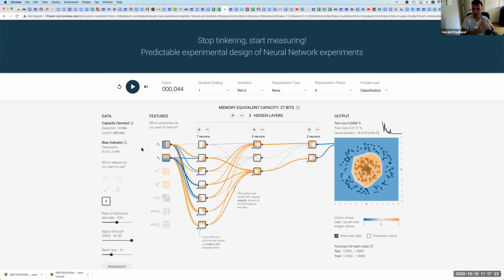Okay, so if you want to play around with this and get an idea for the measurements and how they are rooted in this, please do so. It will make your understanding a lot better.